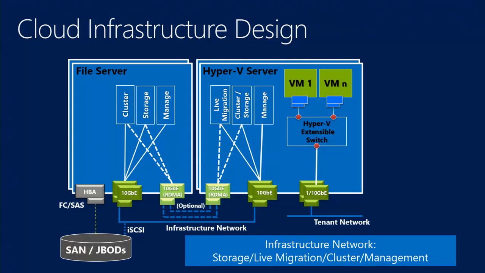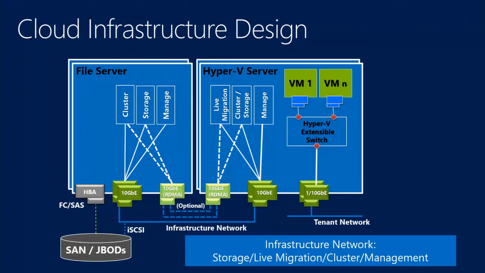And we do have also a 10 gigabit Ethernet teaming for the infrastructure network, as you can see there. We could use, optionally, a 10 gig RDMA NIC for the cluster and storage and live migration traffic. We said optional because this is really not mandatory for Contoso, but for our demonstration, actually, Josh is going to use RDMA and leverage some of the new capabilities on there as well.